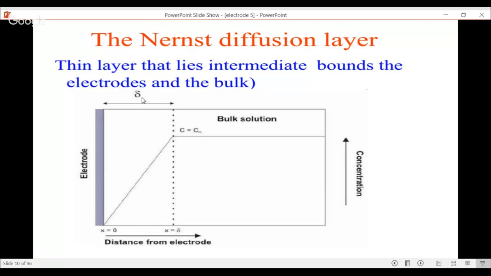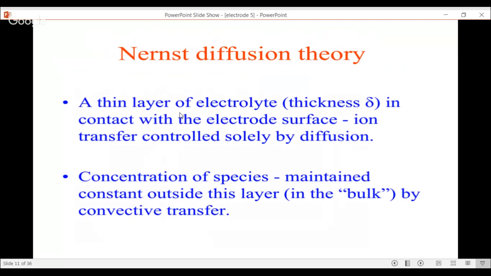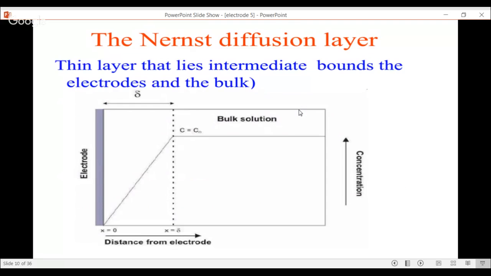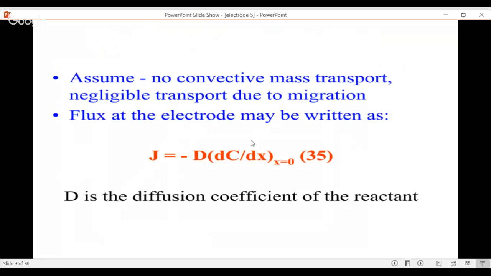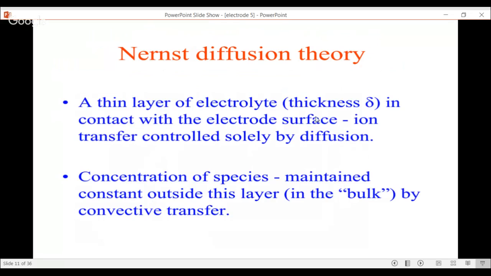So delta is the thickness. A thin layer of electrolyte, thickness delta, is in contact with the electrode surface, with ion transfer controlled solely by diffusion. Under these conditions, the electrochemical reaction is controlled by diffusion.